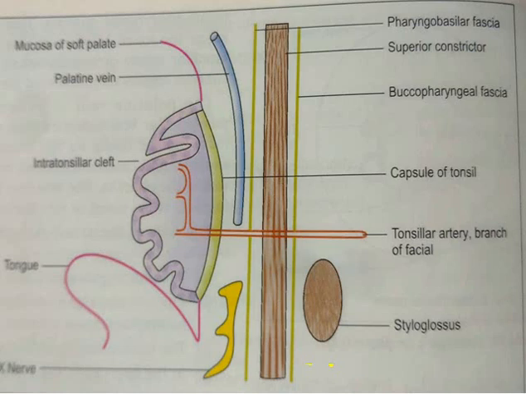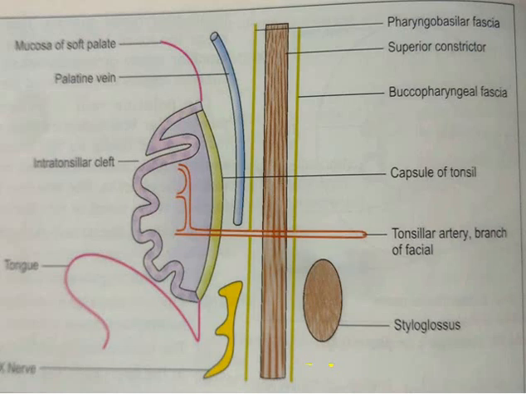Okay, this is the tongue, this is the soft palate, here will be the hard palate. So the whole is the oral cavity. Just try to understand how the section is. This section is not passing through the center, it is passing just on the right side of the median plane, a parasagittal section, so that we can see the tonsil.